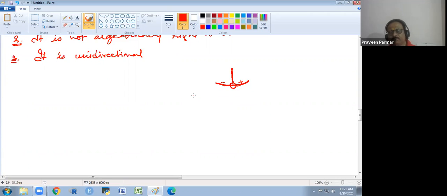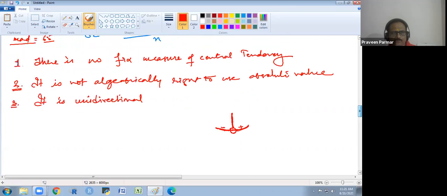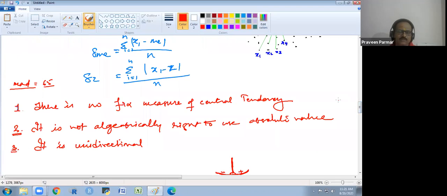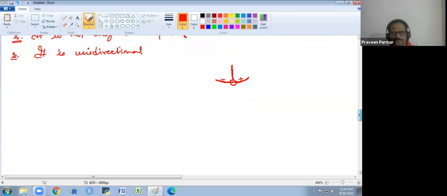It is not unidirectional. So these three demerits were found in mean absolute deviation. Then they decided to do something standardized. So they gave the name standard deviation and removed all these demerits from it.